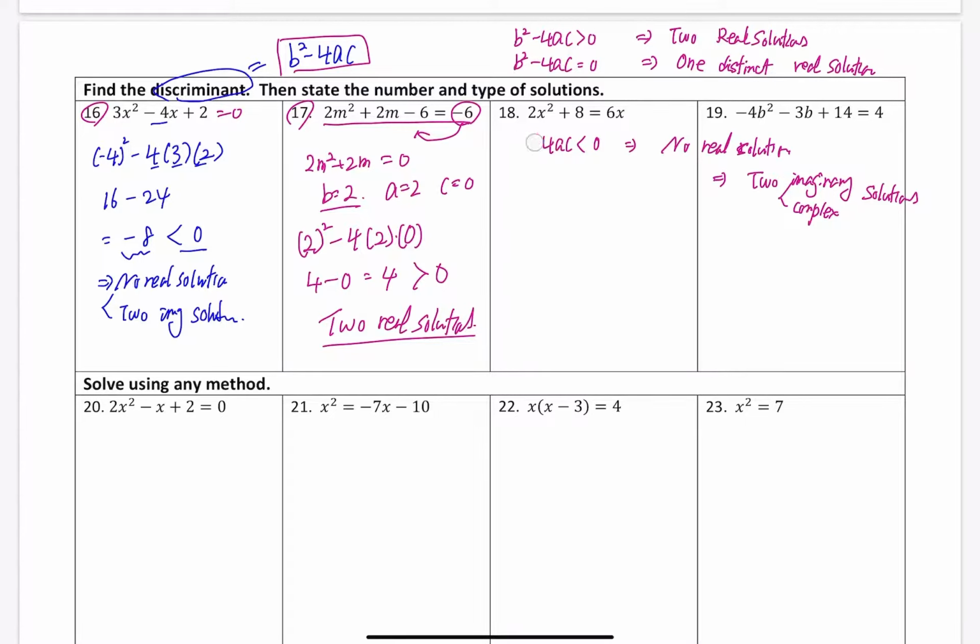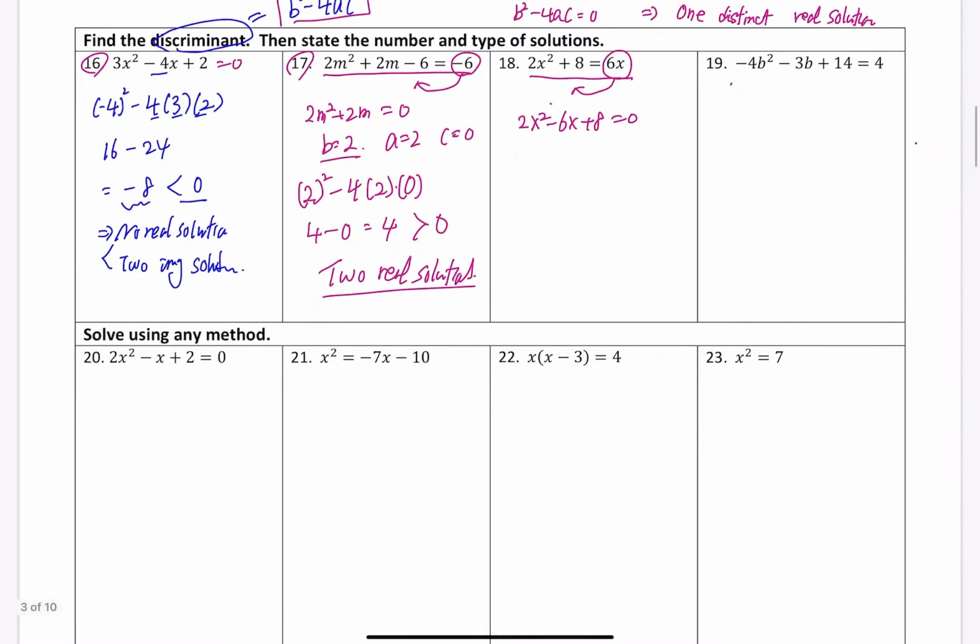One more question. This is also not standard form. So to make standard form, you move 6x to the other side, switching signs. 2x squared minus 6x plus 8 equals 0. Look at the numbers. 2, negative 6, 8.